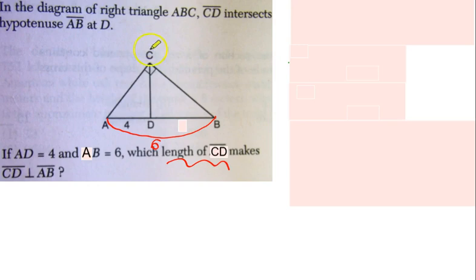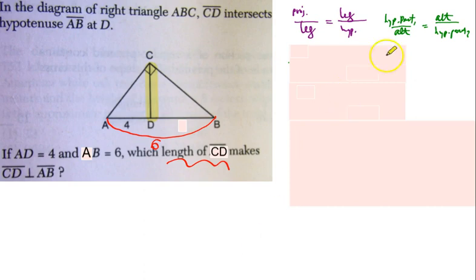Remember I've mentioned earlier that you need to see if an altitude is given versus two legs. So in this case, we see that the altitude of a right triangle is given. So out of these two rules, you now will be using the one about the altitude, where the altitude is a mean proportional.